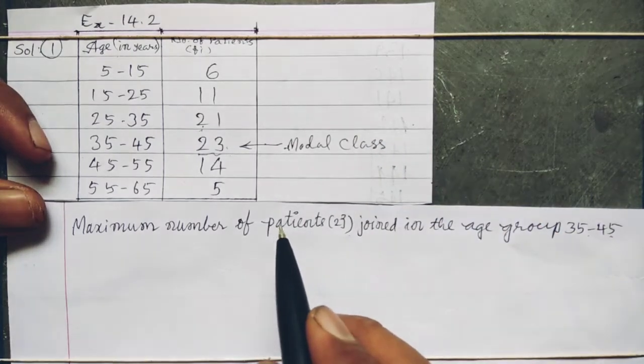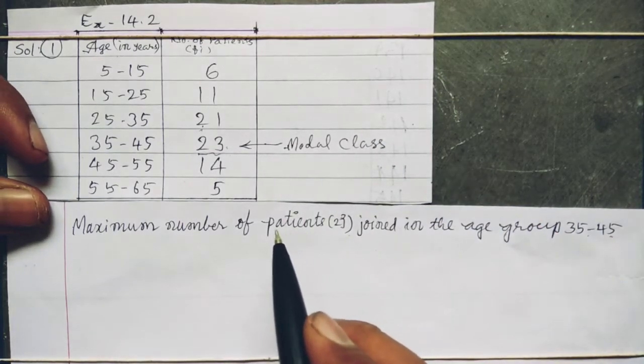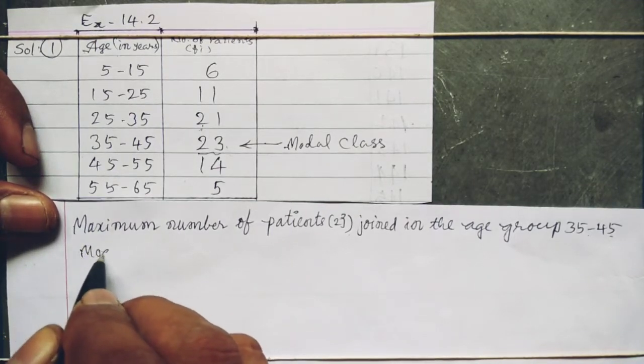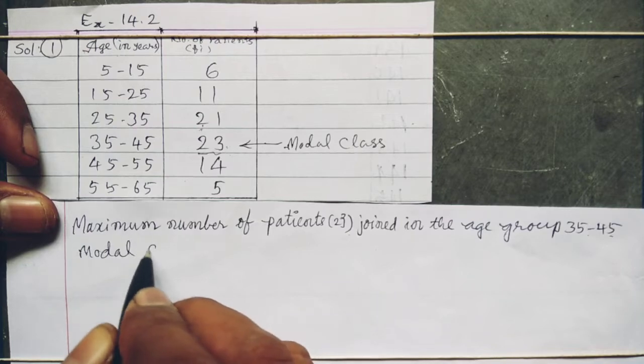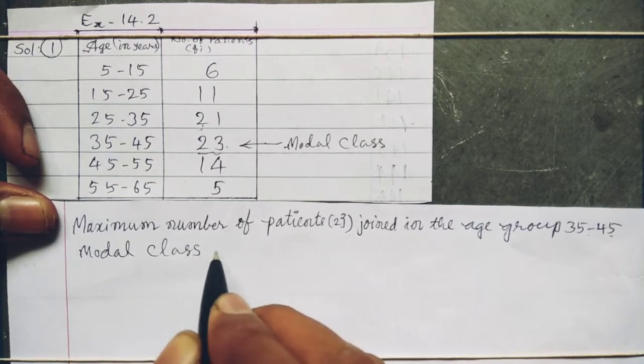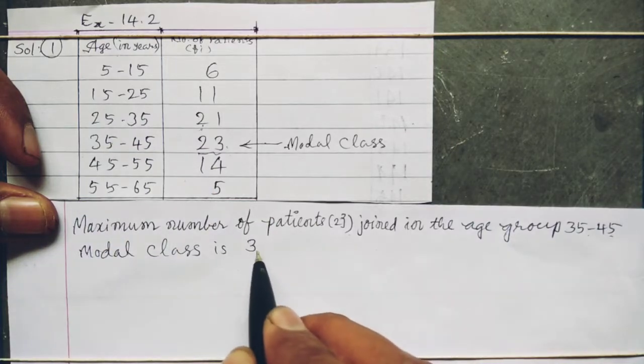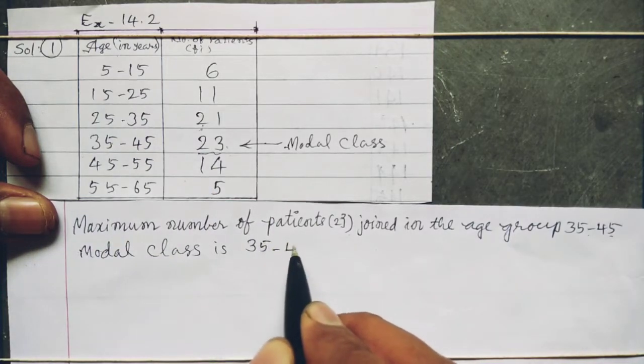Basing this modal class, we can find mode using the formula. First, the modal class is 35 to 45.